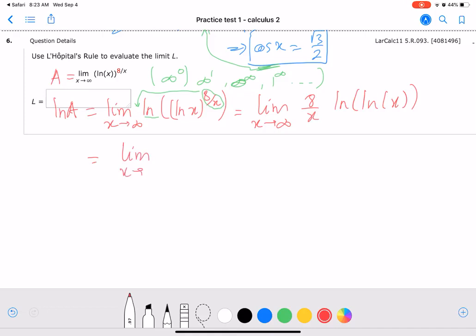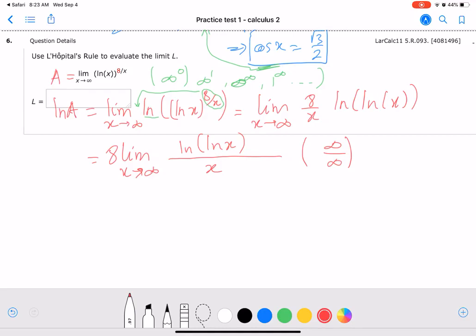Limit of this guy x goes to infinity, and in the fractional form, ln x over, okay, 8 in here and over x. A is just a number, we can pull it out. And now, of course, you can use L'Hopital rule, right? Because this limit has the form infinity over infinity. You can differentiate the top and differentiate the bottom. And then, differentiate until you get a limit.